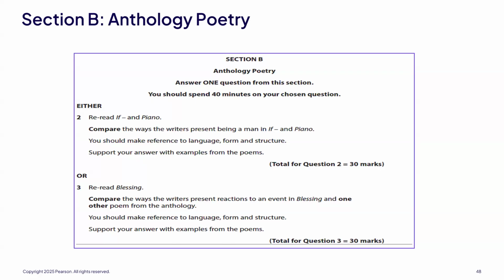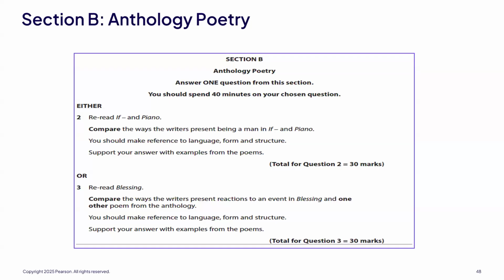Now that command, obviously, is the AO3 signposting: compare the ways the writers present being a man in If and Piano. The next line signposts students very clearly to the AO2: you should make reference to language, form and structure, and obviously the thing about examples. Question 3 is always one named poem, and candidates get to choose the second poem. Here the named poem was Blessing.